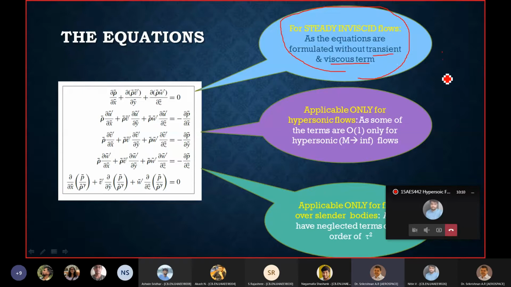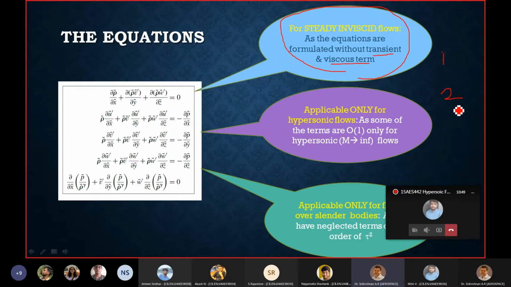So that's one restriction. The second is that the application is only for hypersonic flows, because in many instances we neglected terms or considered them to be of the order of tau squared, etc., or of the order of unity, so we have restricted our attention to hypersonic flows where beta and theta are small, or in other words, theta is small and beta is of similar magnitude, and we know why that comes to be so.